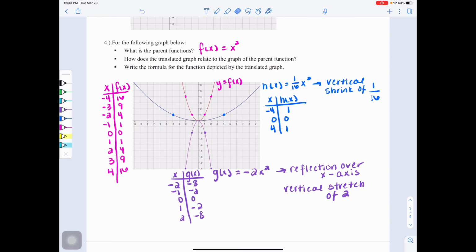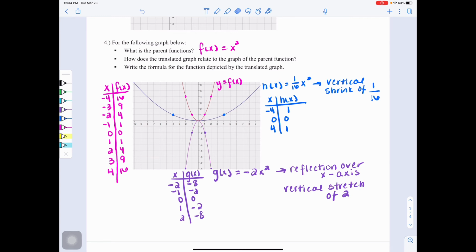Now an input of 2 has an output of -8. So we can tell that the output has been multiplied by 2. And because it's upside down, it's been reflected, which means I need to multiply by a negative, which you can also tell by the table with the negative values. So my equation for g of x should be -2x squared, which is a reflection over the x-axis and a vertical stretch of 2.